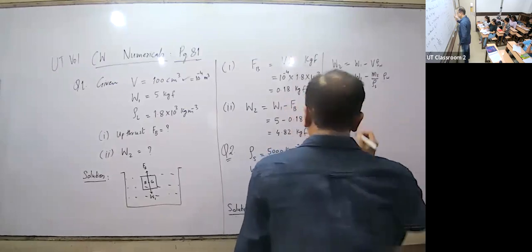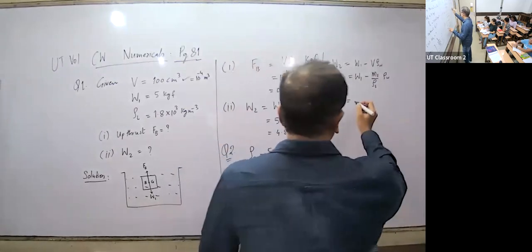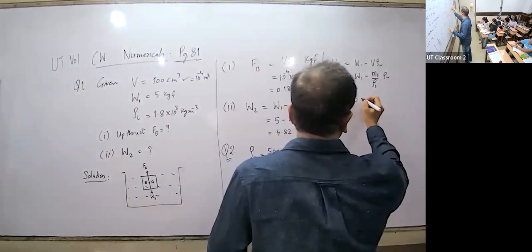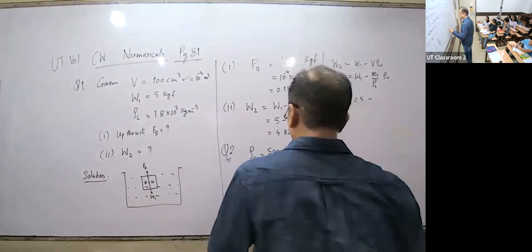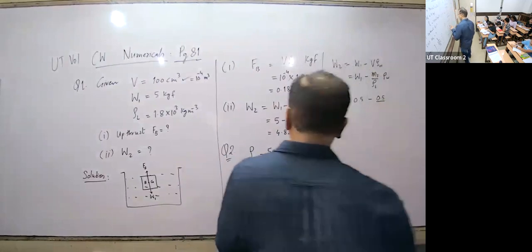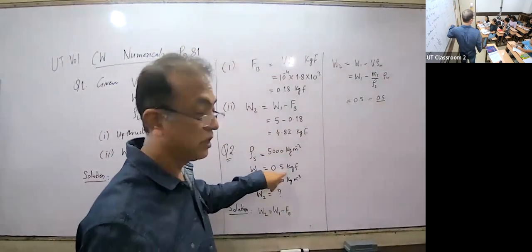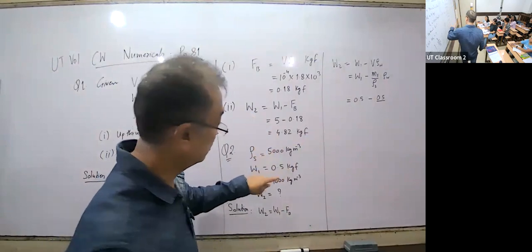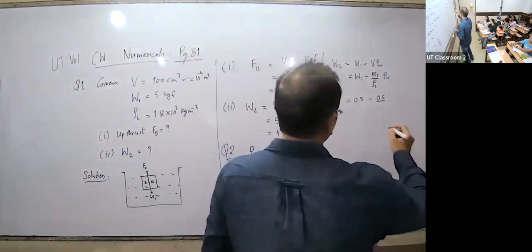Now we have everything. What is W1? 0.5, and this whole thing is in kg. Mass of solid is 0.5 again, because it is mass times kgf. So mass is also known.